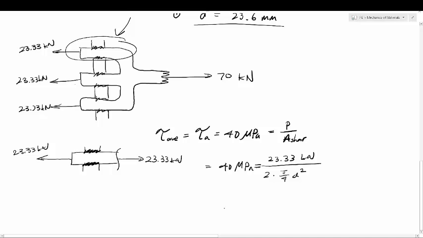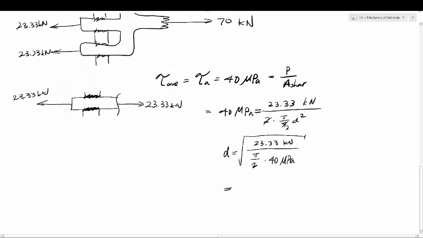So again, if I isolate d, it'll be the square root of 23.33 kilonewtons. Oh, this is kilonewtons, that's bad. Divided by, I'll cancel this 2 and this 4, so it'll be pi over 2 times 40 megapascals. And again, like in the last example, I'm going to get common units.